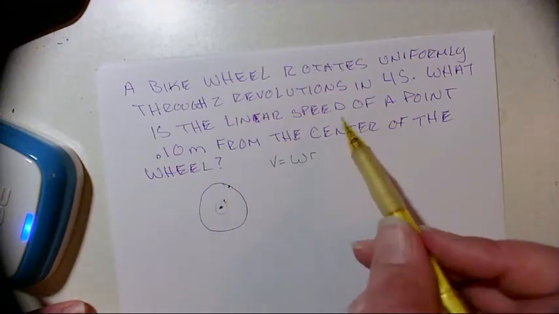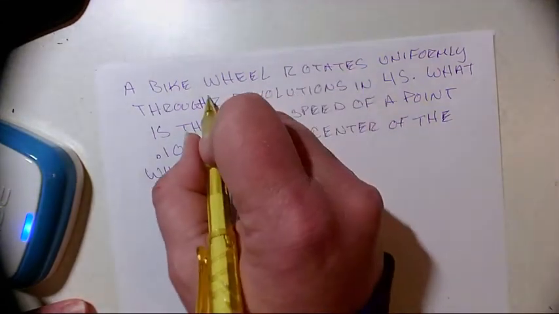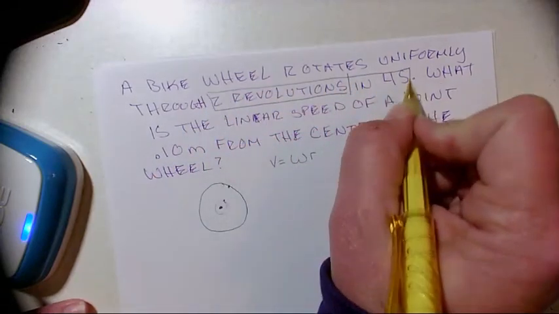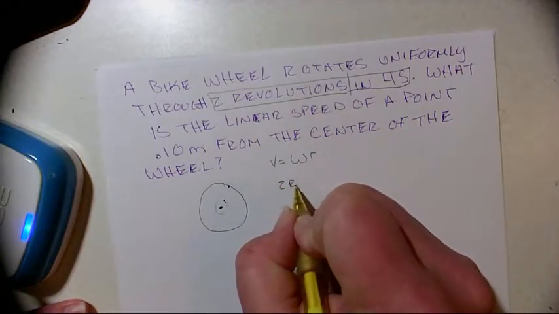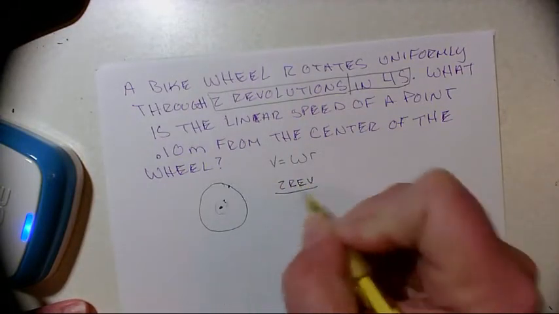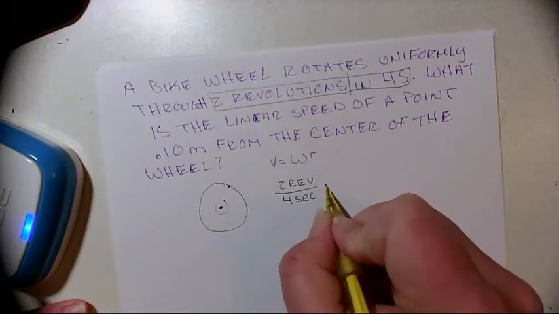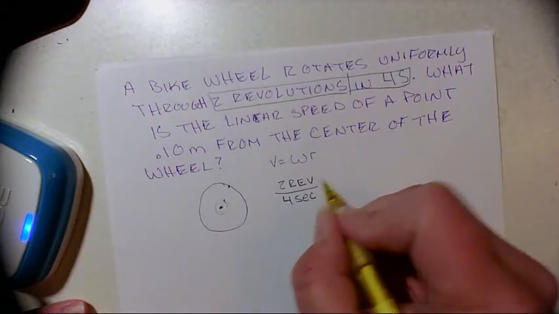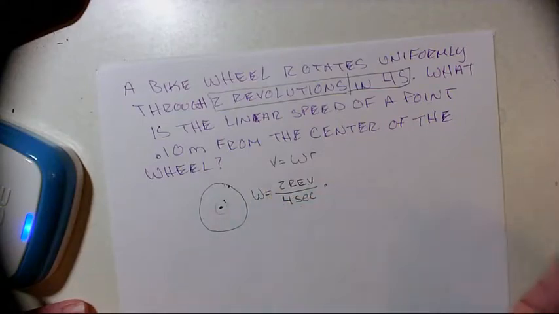Cool. So now I was hoping that we have this kind of deeply embedded in our brains. We have 2 revolutions in 4 seconds. Okay. So if I have 2 revolutions in 4 seconds, if I want this to be in terms of radians per second, which is our measure of distance rotating around, then I need to turn this revolutions into radians to get our omega.